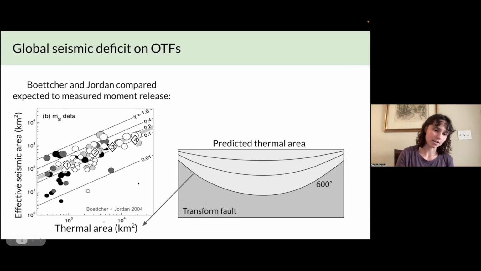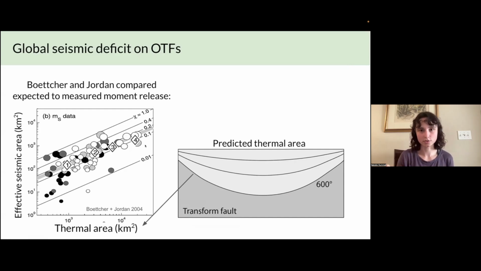And then they've plotted here on the x-axis that predicted area that could rupture against, on the y-axis, their estimates, based on measurements of large earthquakes from a global seismic network, of the actual area that seems to be rupturing seismically. And there's some scatter.